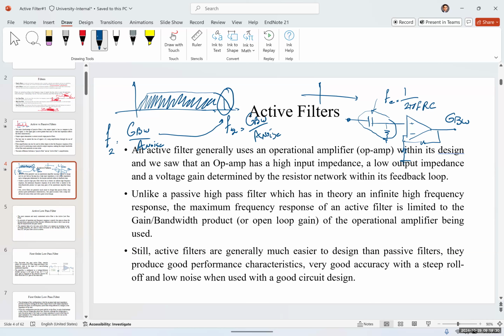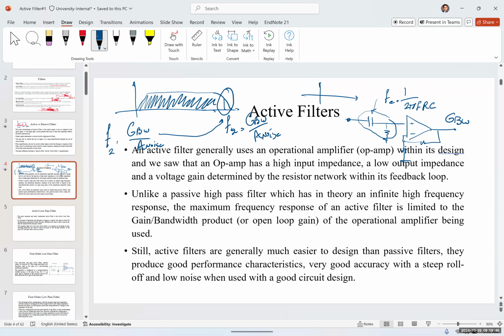So technically, we don't have a thing called an active high pass filter, because all active filters have an upper cutoff frequency limit, which makes it a band pass filter.